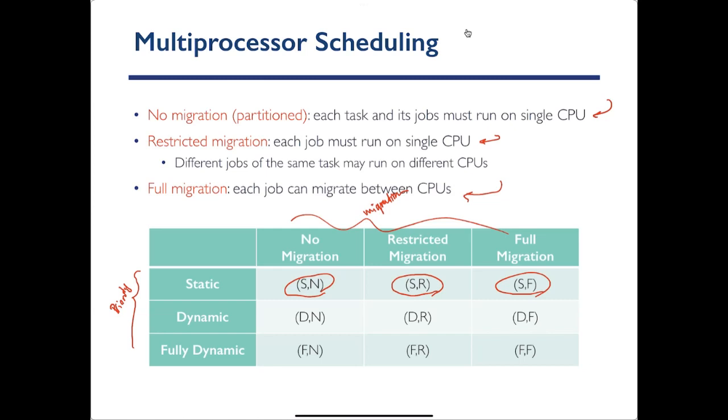So I have assigned S for static, D for dynamic, F for fully dynamic, N for no migration, R for restricted migration, and F for full migration. So this FF is the most flexible scheduling you might have, where the priority of each job could change over time, and also each job could run on every CPU in your system. They can migrate between CPUs.